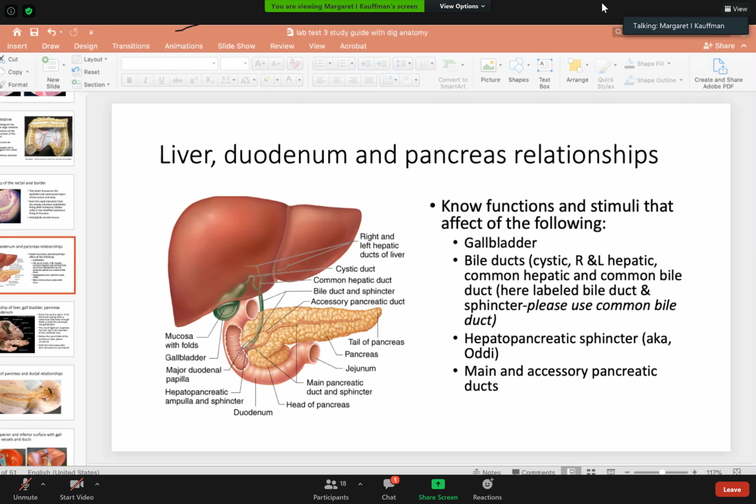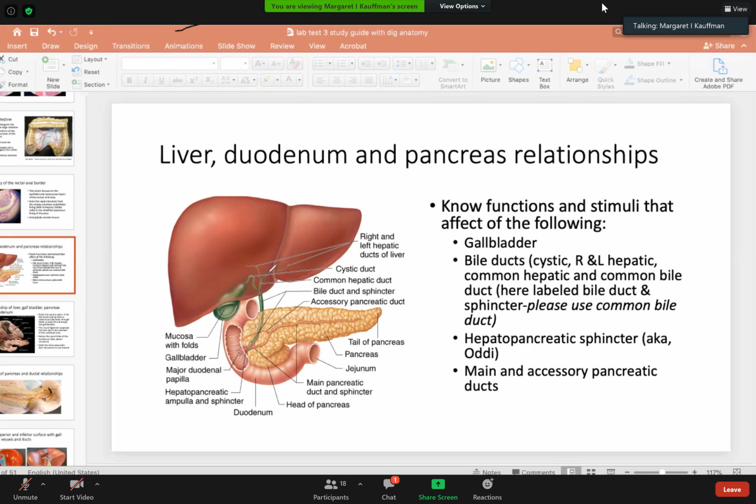The other thing interesting about it, and I know most of you have not listened to the lecture, is that this sphincter, like all the sphincters we've talked about so far, is in its default mode closed. So when you aren't causing CCK to be released, or even secretin to be released, the liver is making bile in a constant way.